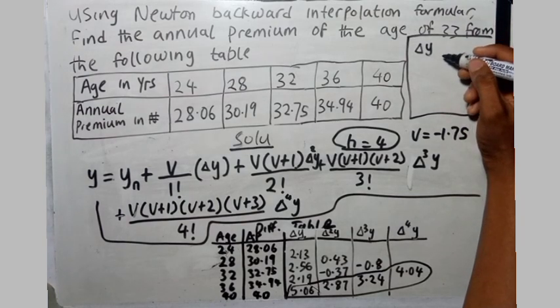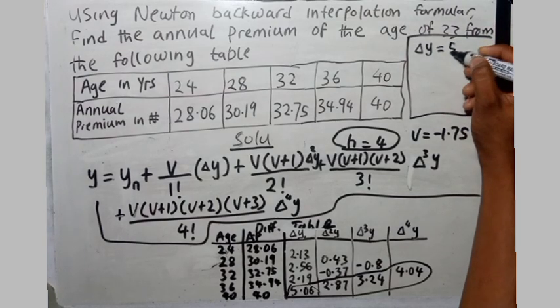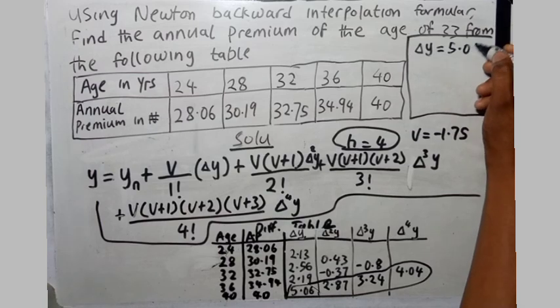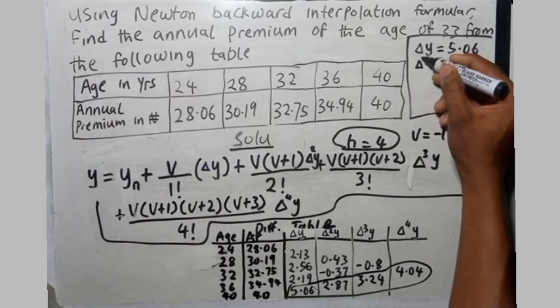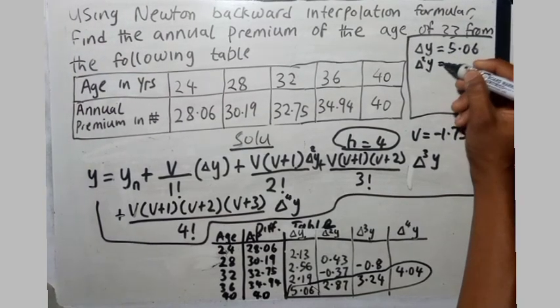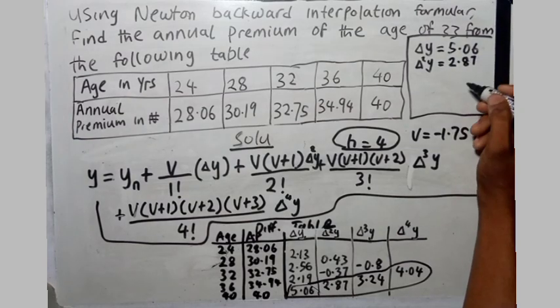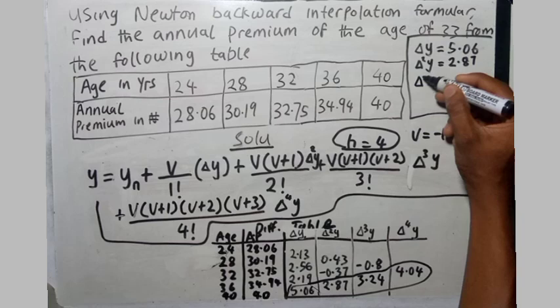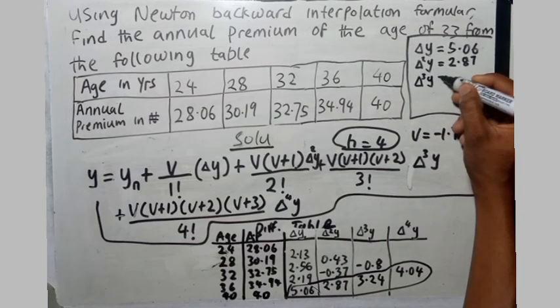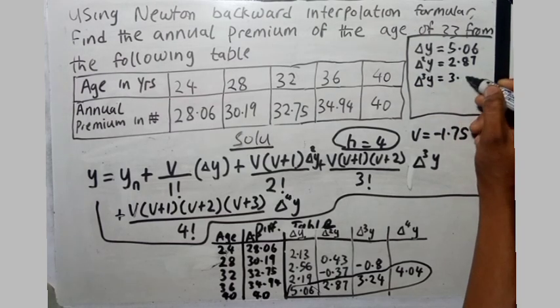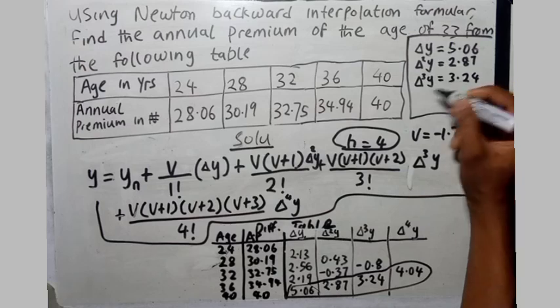So for the first change, we are having what? 5.06. For the second change, we are having 2.87. And for the third change, we are having 3.24.